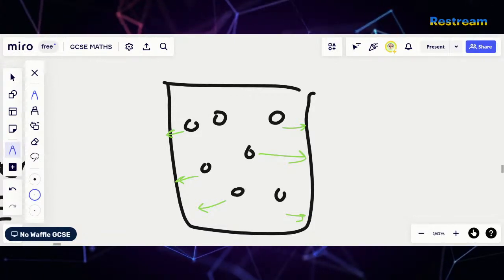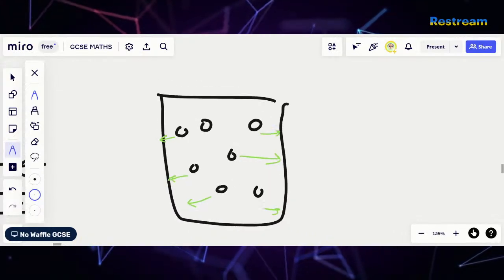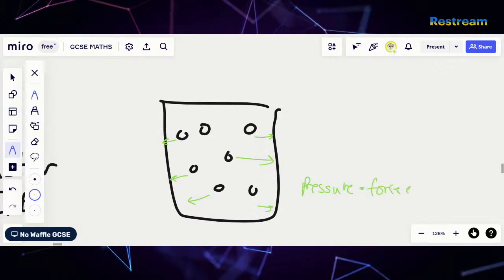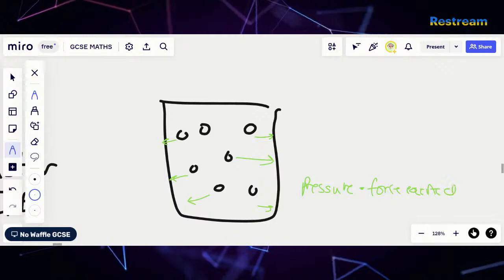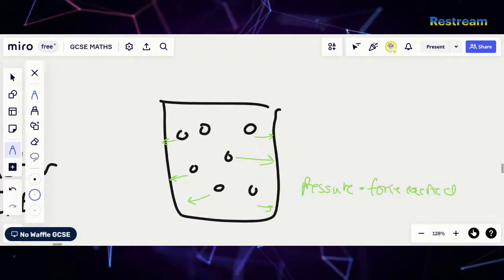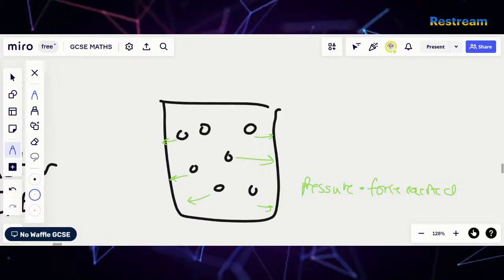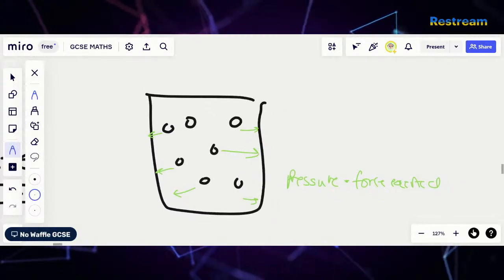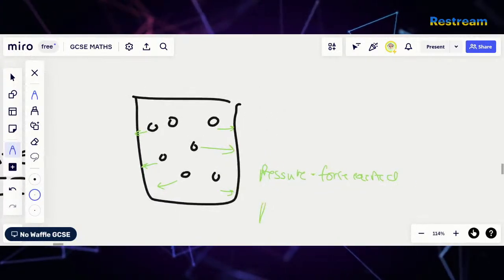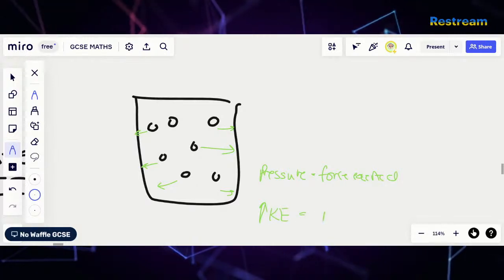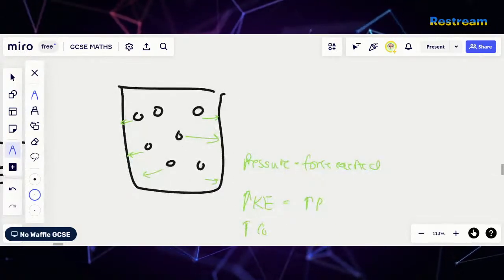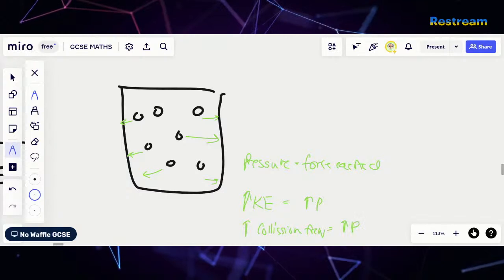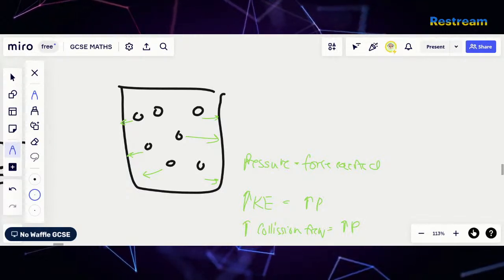The outward gas pressure is therefore the total force exerted by the high energy particles. Faster particles and more frequent collisions will lead to an increase in net force and an increase in pressure. So if we increase the kinetic energy, this will lead to an increase in pressure. And if we increase the collision frequency, so how often they bang into each other, then you're increasing the pressure as well.